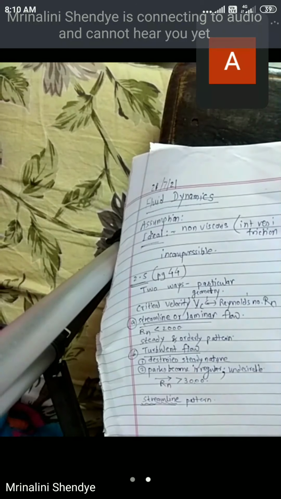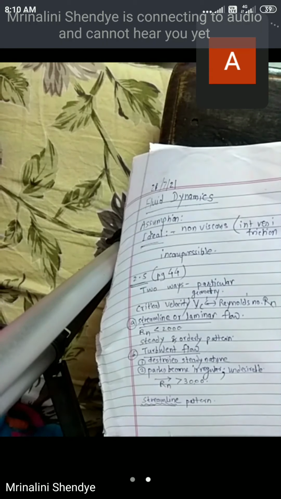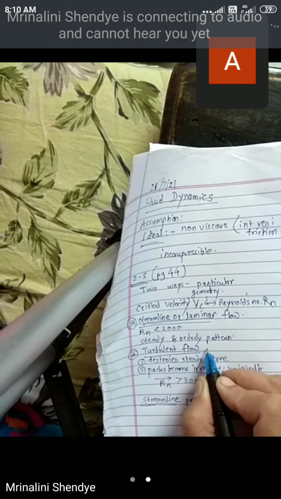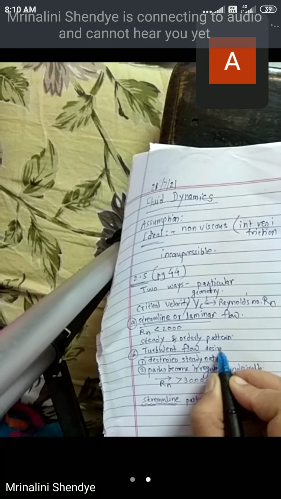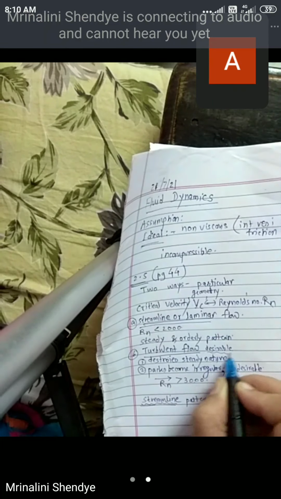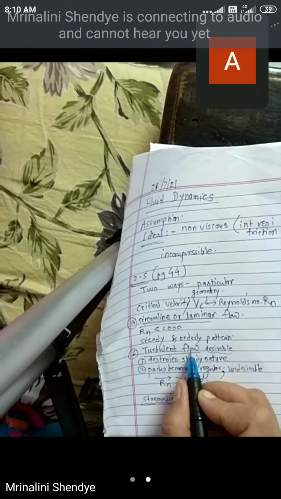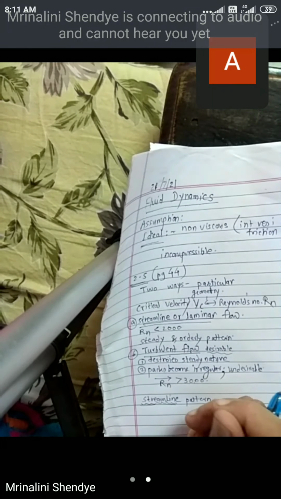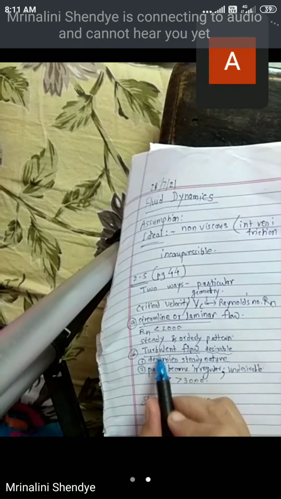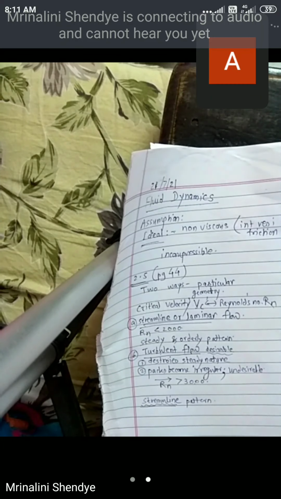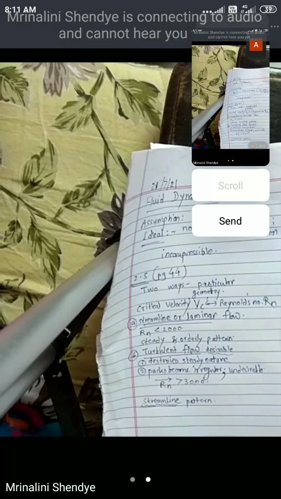But what are the properties of turbulent flow? Sometimes it is desirable. For example, we observe turbulent flow of liquid in the mechanism of washing machines or in kitchen mixers. That time this turbulent flow is desirable.